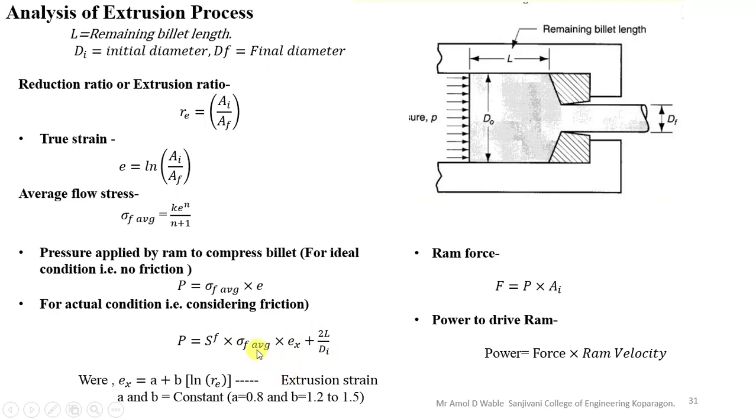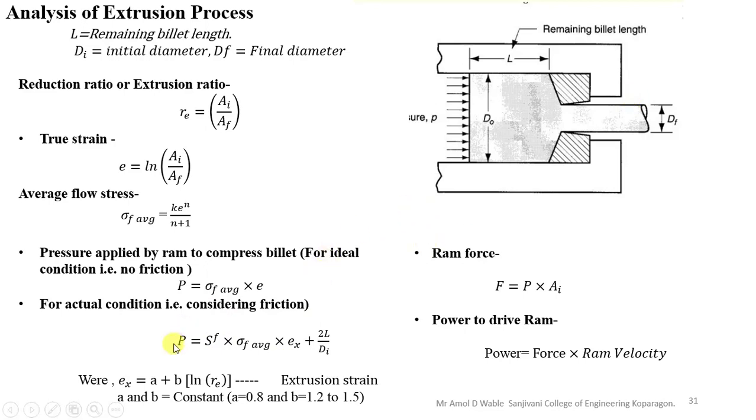where SF will be the shape factor, which will have a value of 1 in case of a circular cross section. So you will be having a numerical related to circular cross section only.